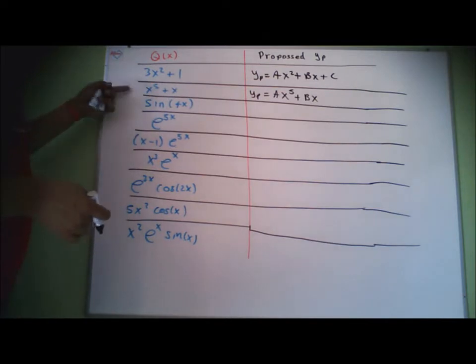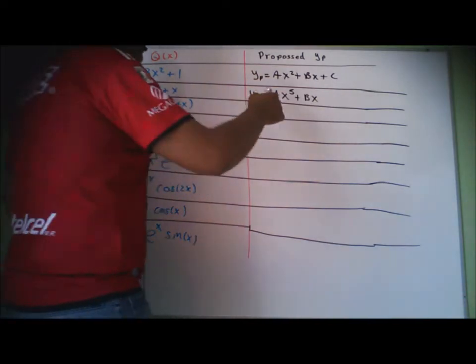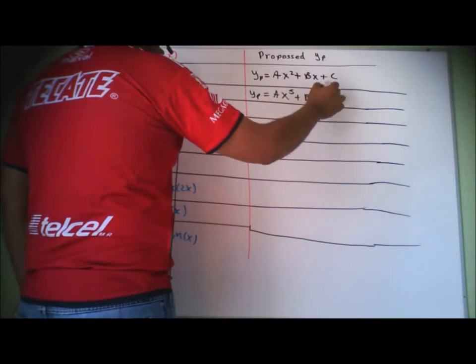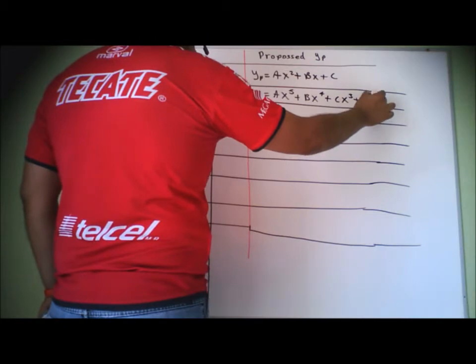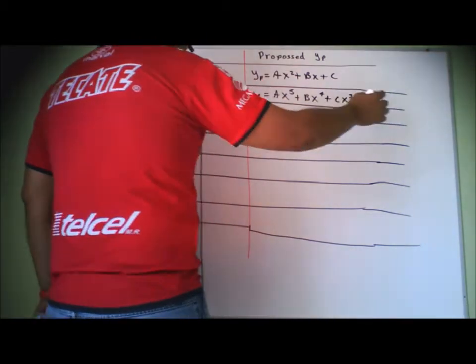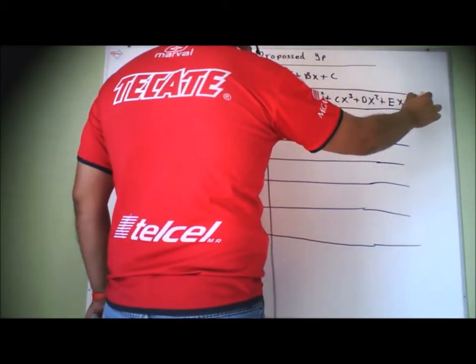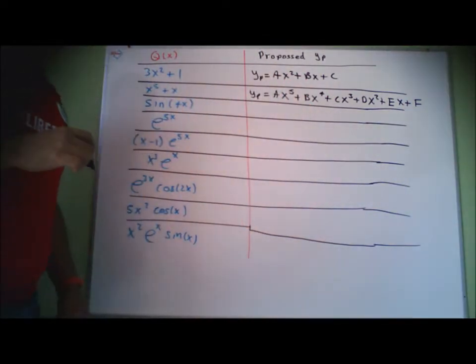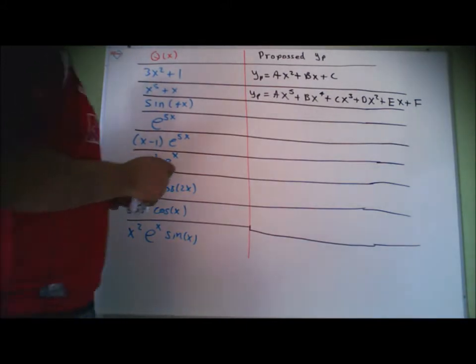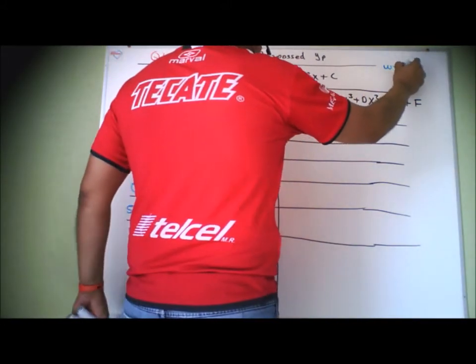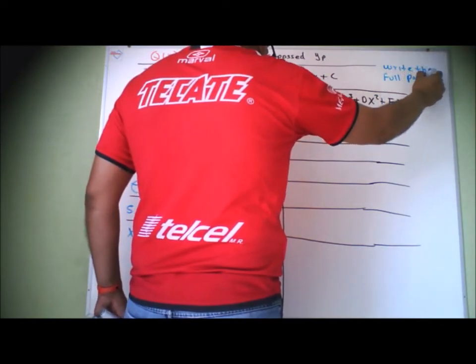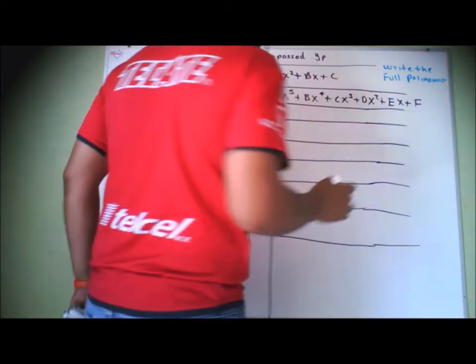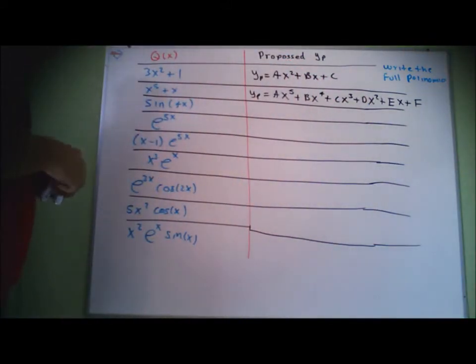The full polynomial of degree 5 is like this: Ax to the power of 5, plus Bx to the power of 4, plus Cx to the power of 3, plus Dx squared, plus Ex, plus F. So let me write the takeaway here: write the full polynomial. Please don't make that mistake because it's a very common mistake.